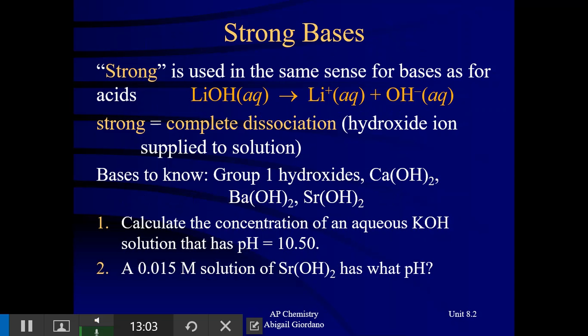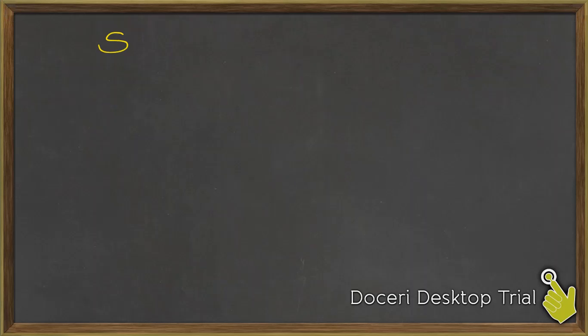So look at this problem. It says a 0.015 molar solution of strontium hydroxide has what pH? Well, let's start off just like we did with the other one. Let's write out the equation for how this base is going to dissociate.